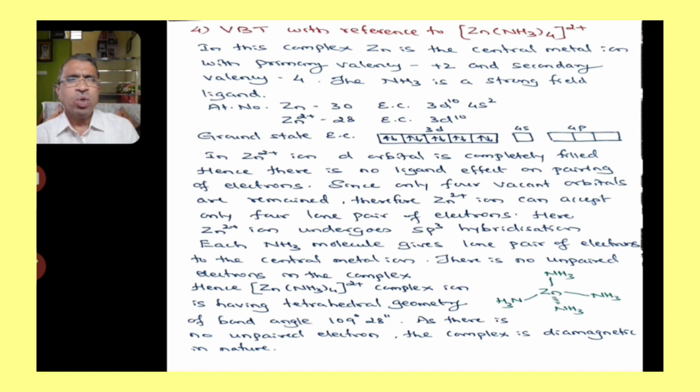Here the Zn2+ ion undergoes sp3 hybridization. Each ammonia molecule gives a lone pair of electrons to the central metal ion. There are no unpaired electrons in the complex, hence this complex has tetrahedral geometry with a bond angle of 109 degrees 28 minutes and is diamagnetic in nature.